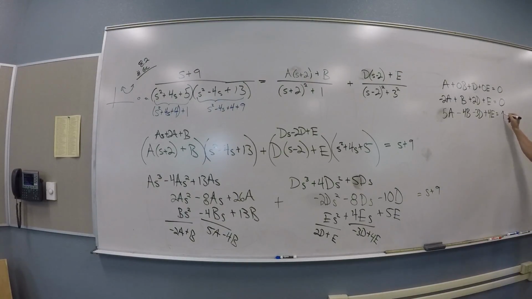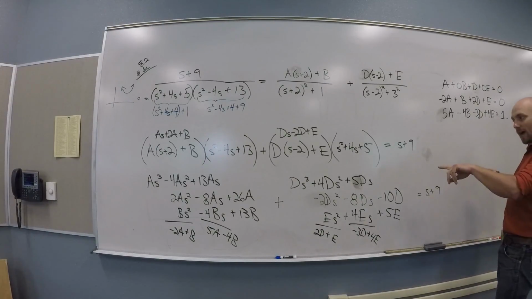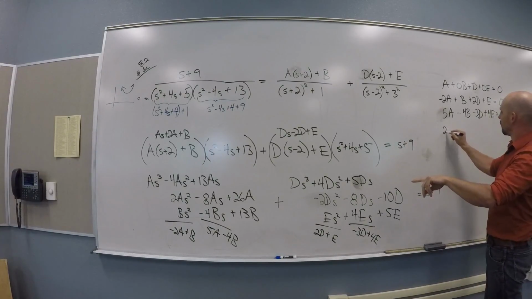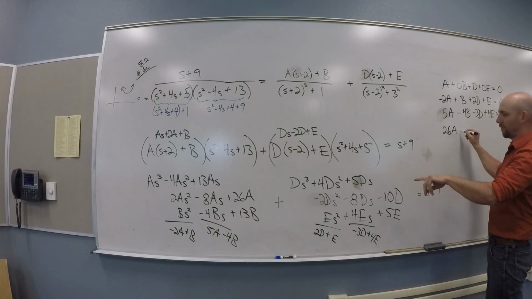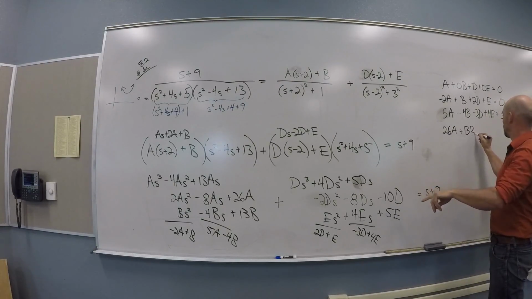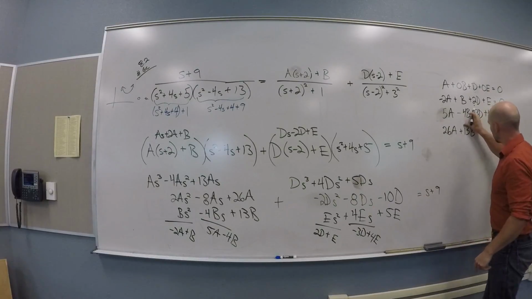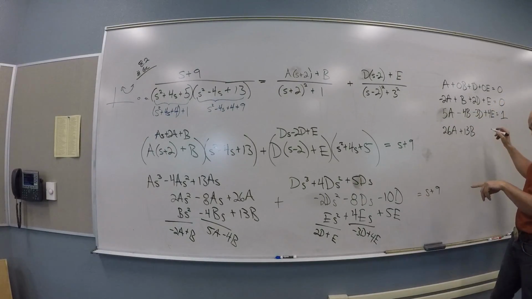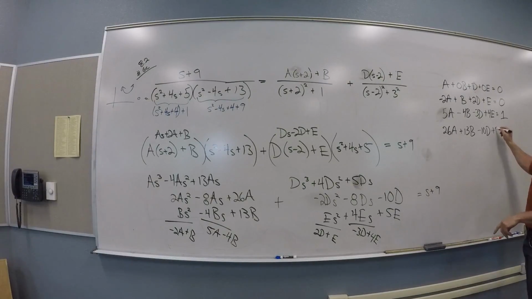You got one S on the other side. Nice. And then your last one is 26A plus 13B. It's supposed to be a 13, not B's. And then minus 10D plus 5E is 9.